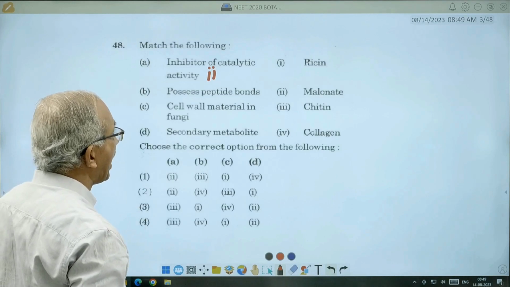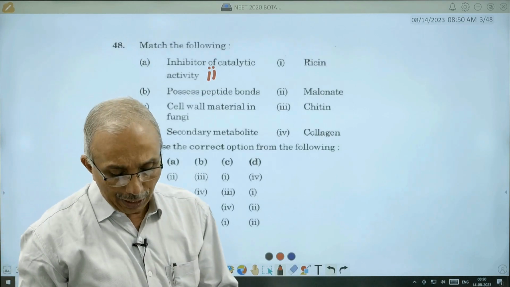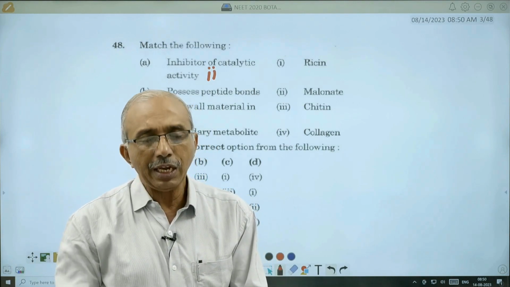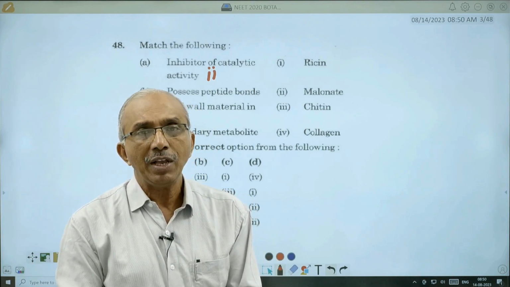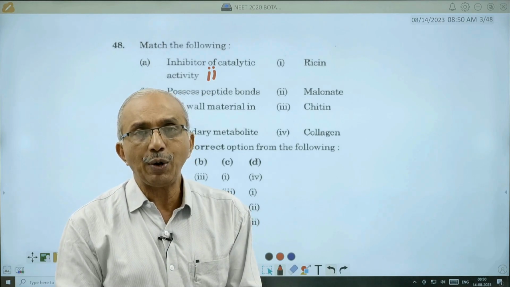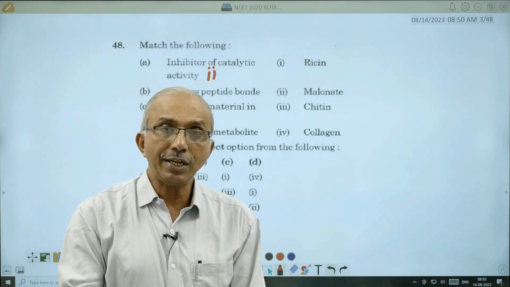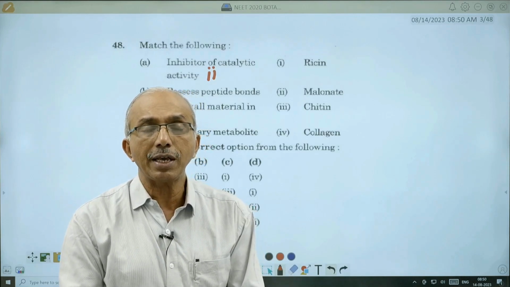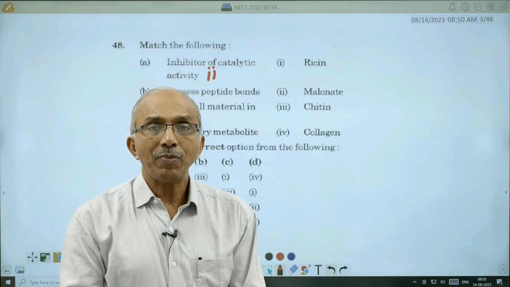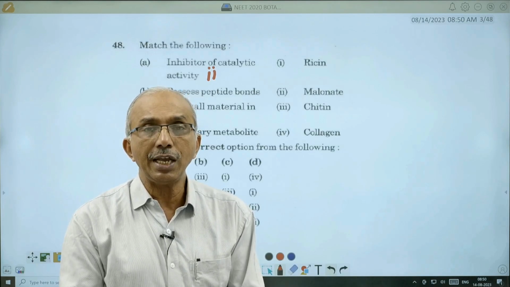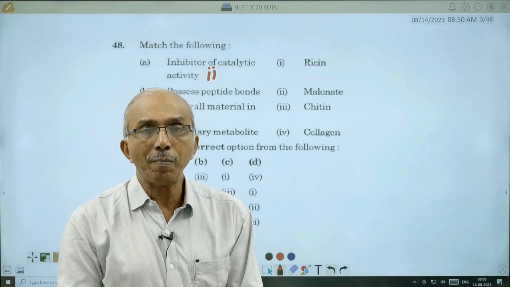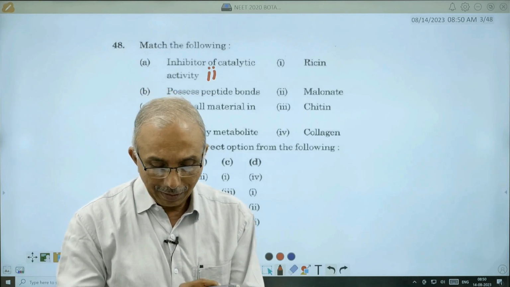It is a competitive inhibitor of the enzyme succinate dehydrogenase. Succinate dehydrogenase is an enzyme taking part in the Krebs cycle. The inhibitor of succinate dehydrogenase is malonate. It is a competitive inhibitor.